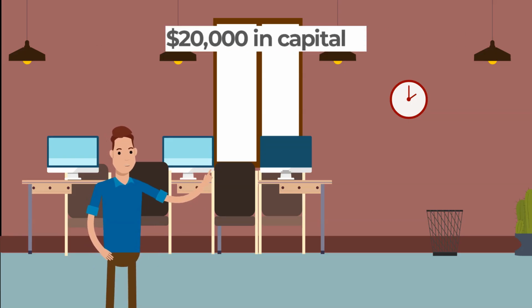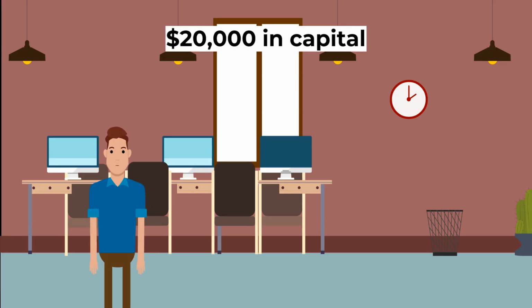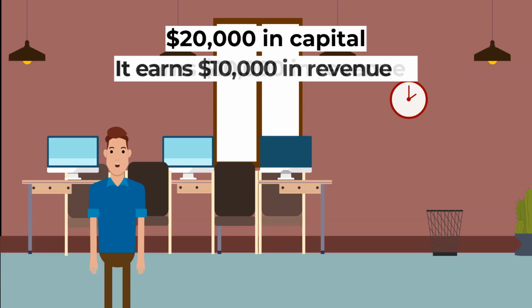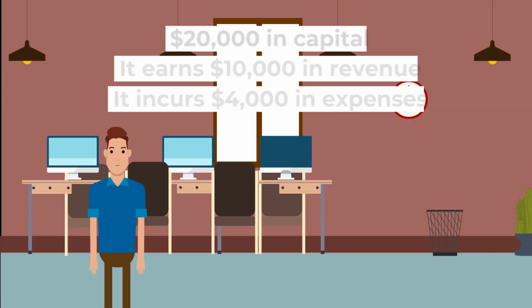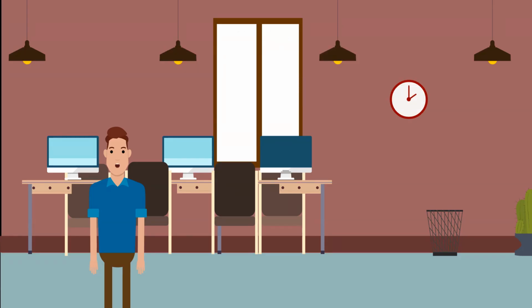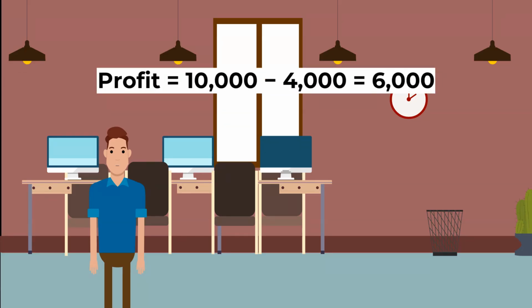Imagine a business starts with $20,000 in capital. During the year, it earns $10,000 in revenue, and it incurs $4,000 in expenses. Here's the calculation. Profit equals revenue minus expenses. The profit therefore is equal to $10,000 revenue minus $4,000 in expenses, or $6,000.